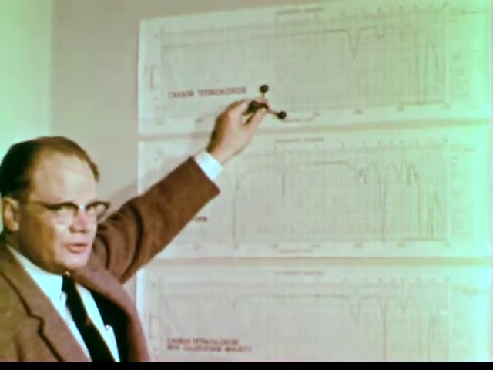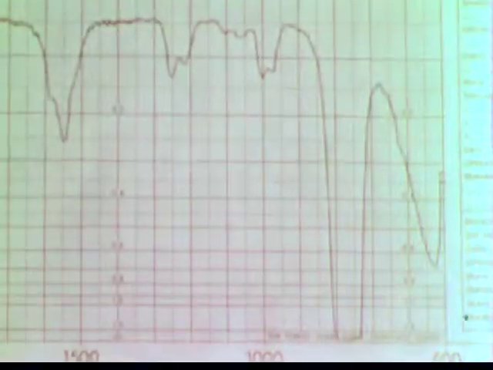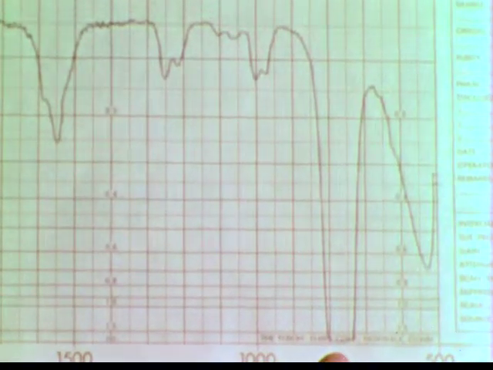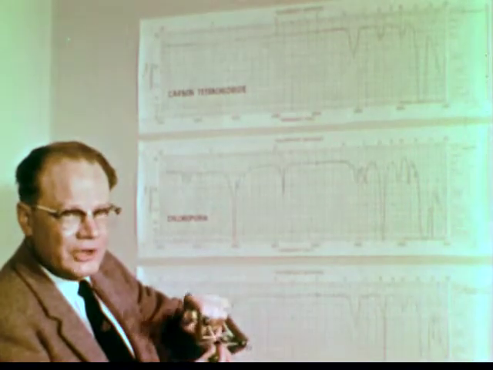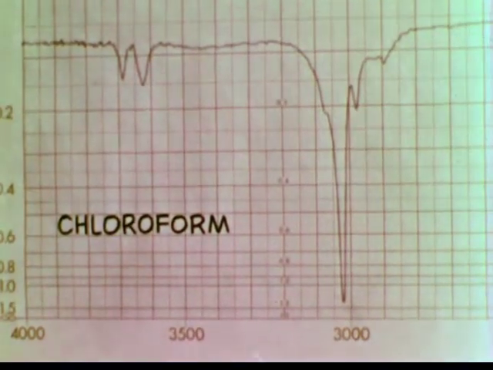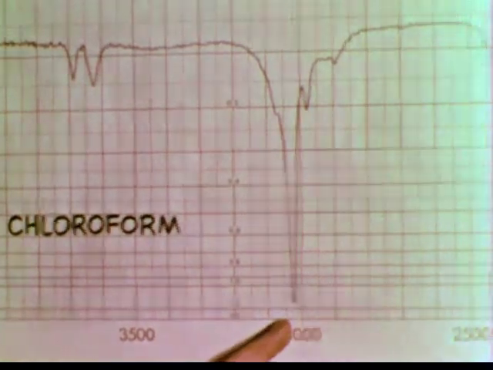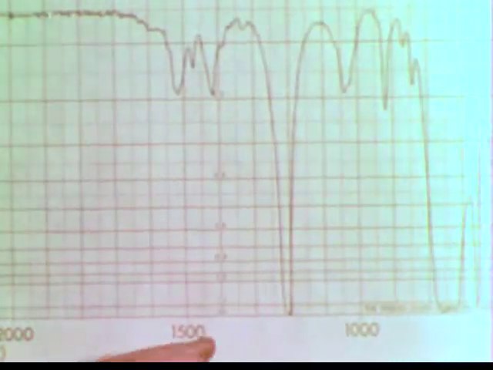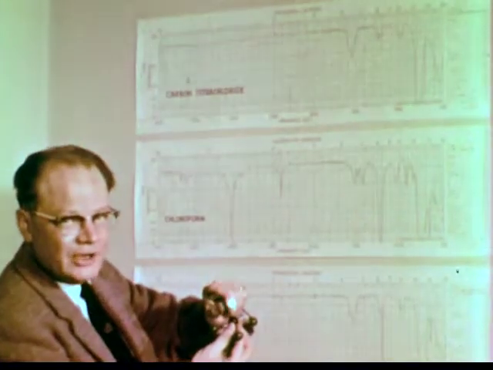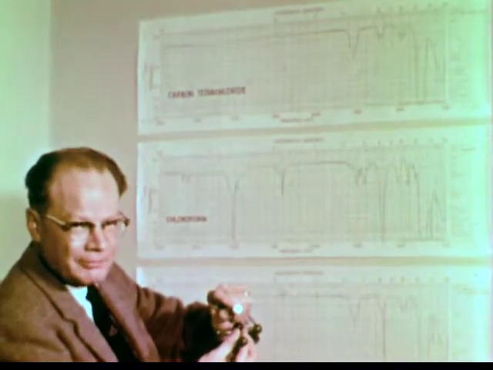This is a carbon tetrachloride spectrum. The dominant feature is due to stretching of the carbon-chlorine bonds. The chloroform spectrum shows absorptions here and here, both of which are associated with motions of the hydrogen atom.